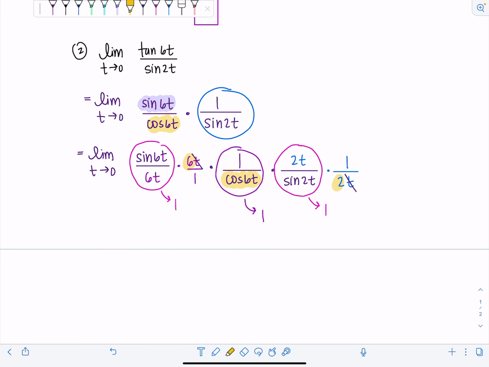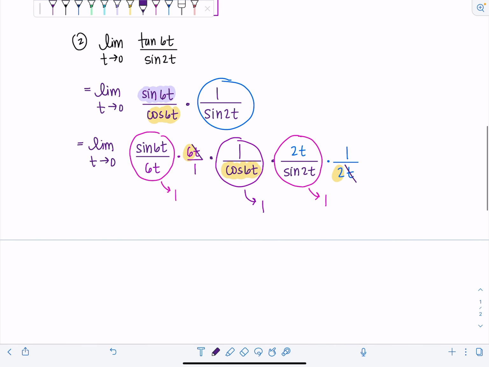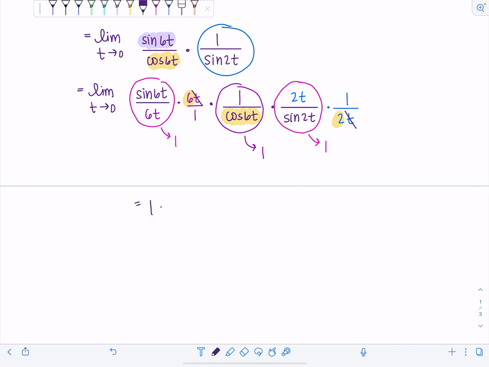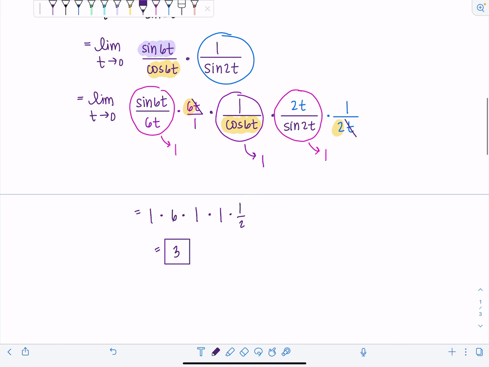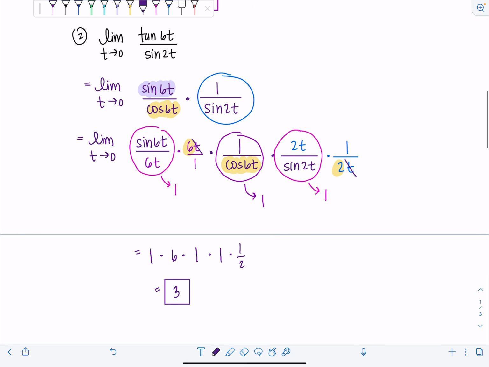So after I take the limit of everything, I'm going to have 1 times 6 times 1 times 1 times a half, which is 3. Very good. Now I would need to see all of this work for a full credit result on an exam. Don't do some weird mumbo jumbo like 6 divided by 2 is 3. You'll get no points for that.